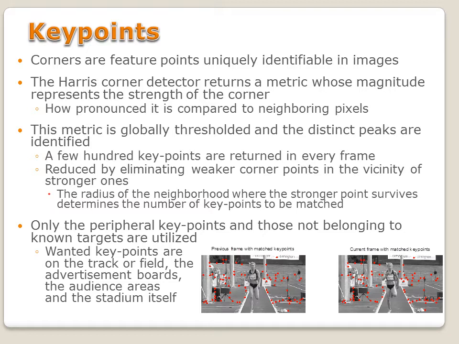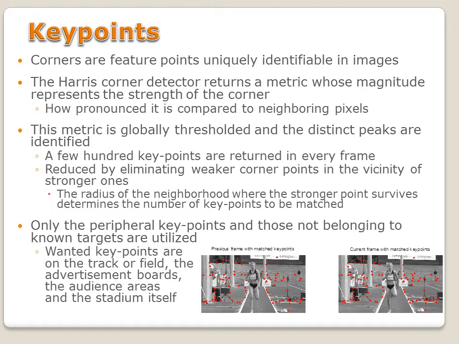We have a few hundred key points originally returned by the Harris corner detector. We can reduce this number of key points by eliminating weaker corner points in the vicinity of stronger ones. The radius of the neighborhood where the stronger point survives determines the number of key points to be matched.